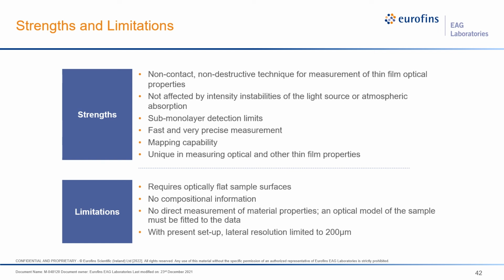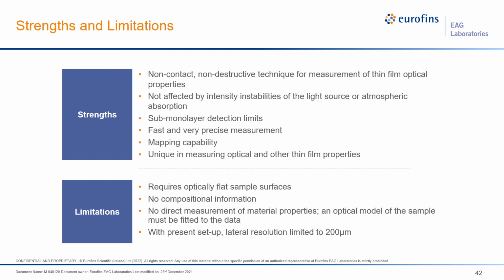Ellipsometry is a very sensitive and precise technique that has submonolayer detection limits for surface concentrations. It can be used in a mapping mode to investigate lateral differences in layer properties. Also, ellipsometry is unique in its capability with respect to the determination of optical and other thin film properties.